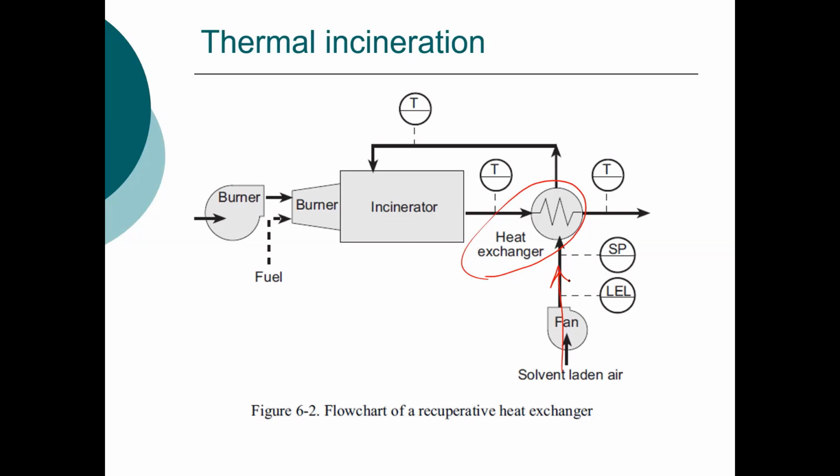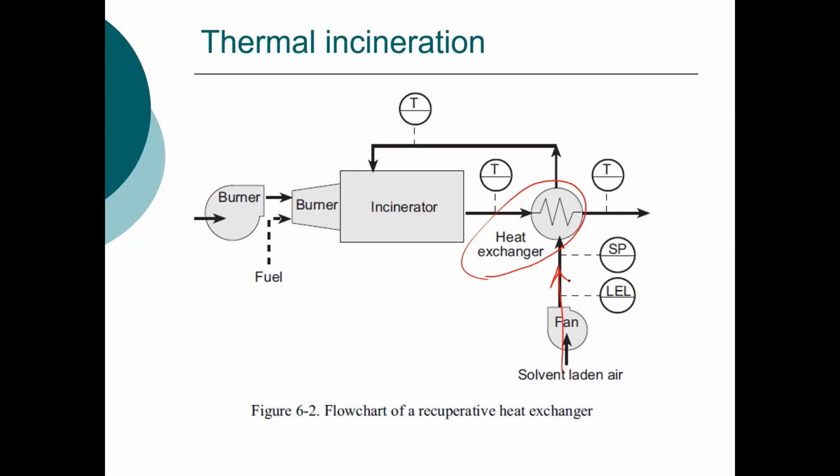We're using the waste heat to preheat your solvent-laden air as shown here, and then that goes into the incinerator. This can recover somewhere between 40 to 60% of the heat, which then significantly reduces the amount of fuel that you're consuming in the thermal incinerator.